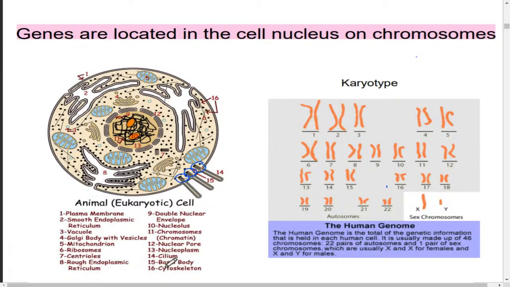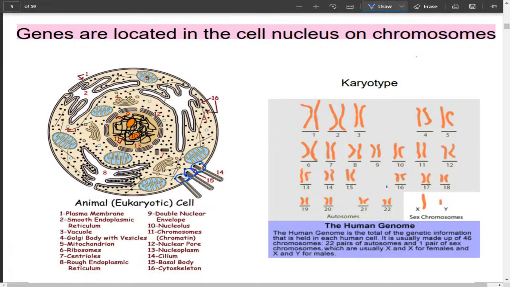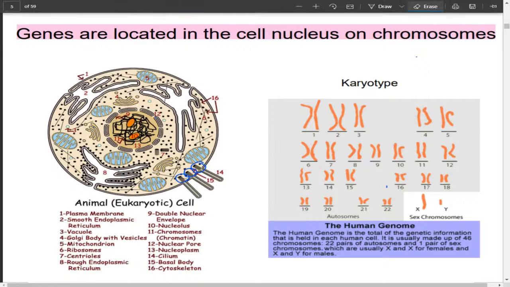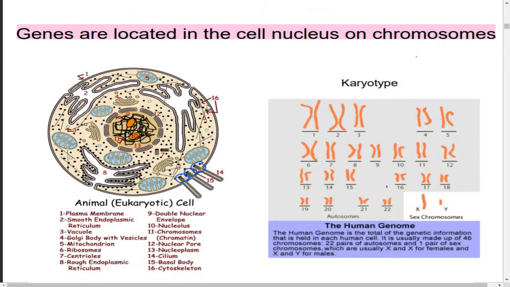Next we have the cytoskeleton. The cytoskeleton here, number 16, shown in the image here in the animal eukaryotic cell. We can see the cytoskeleton.